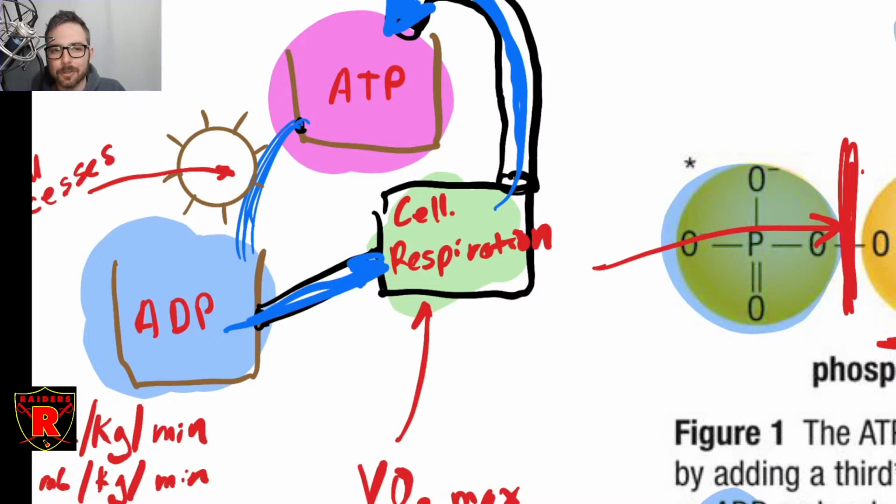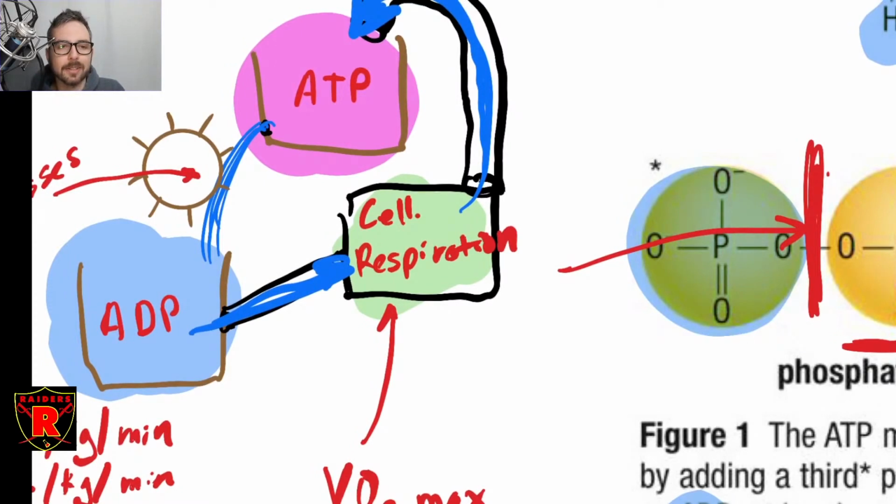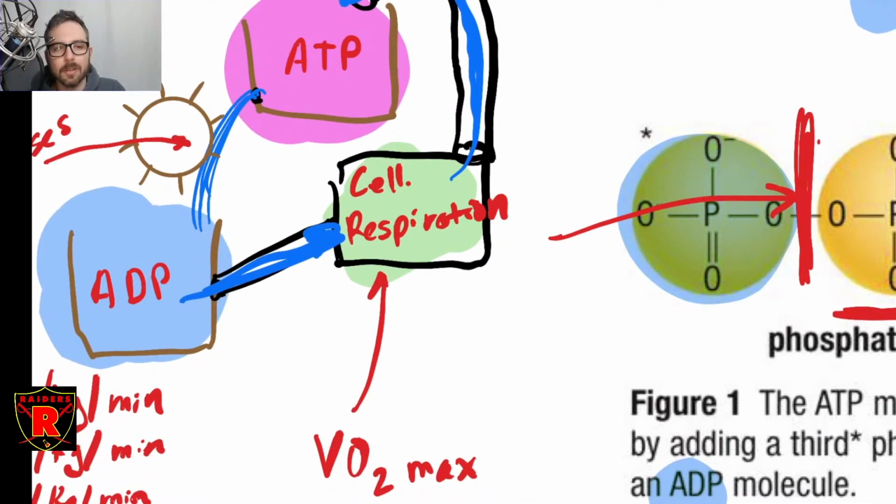I mean, there are going to be other factors that get in the way eventually. But as long as you are within your capacity to refill that ATP, you can keep up that work rate, whatever that work rate is. And so the higher your VO2 max, the higher the work rate that you can sustain for an extended period. That's sort of the basics of that. There are some other interfering factors as well, but it's an excellent measurement of athletic performance.